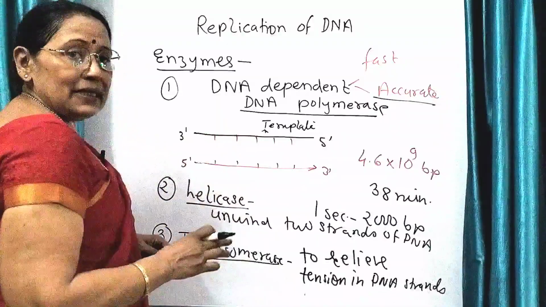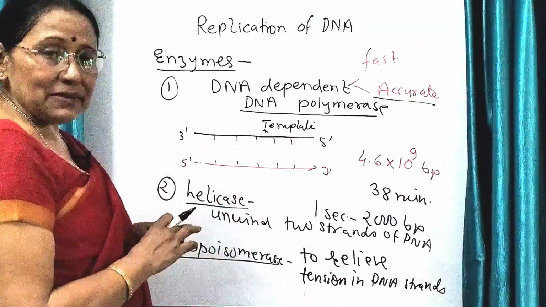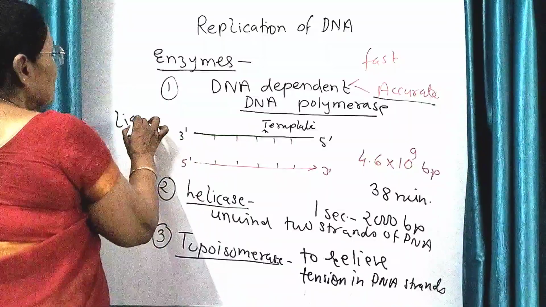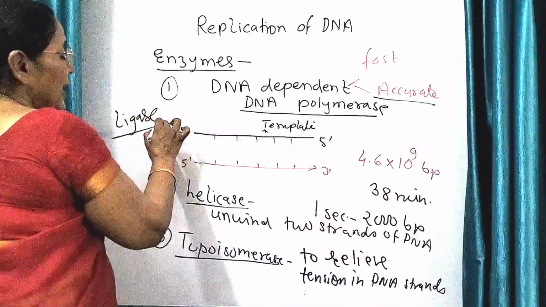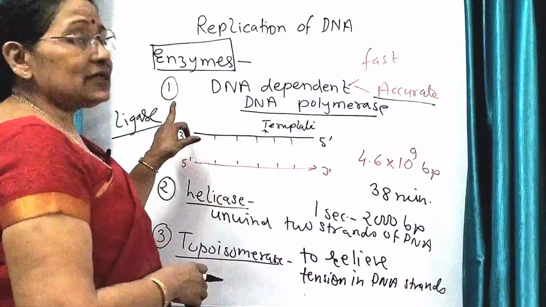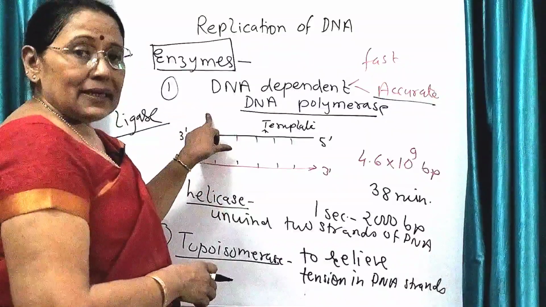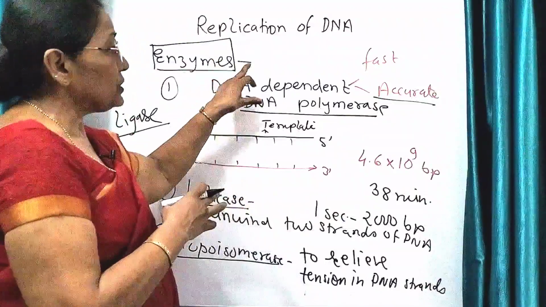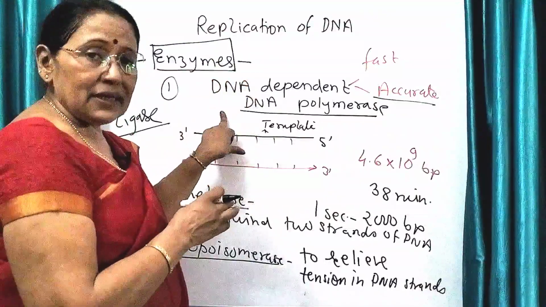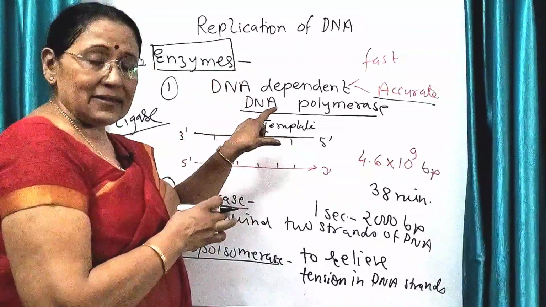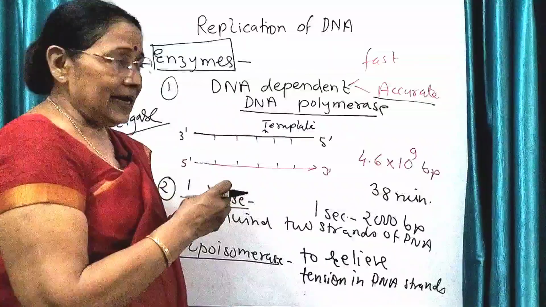Other than these enzymes, there are other enzymes also, like ligase. Its function I will tell you when we come across the step which it catalyzes. Next we see the substrate for this replication of DNA. You will say that it is easy. It is the polymerization of nucleotides. So the substrate is nucleotide.